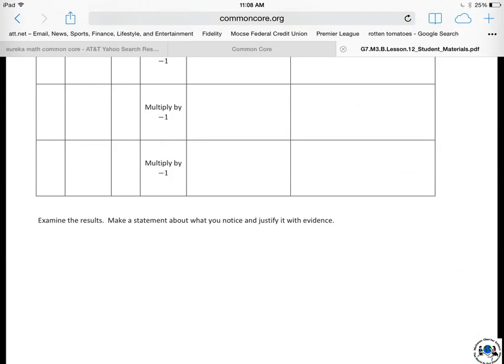Actually, we had a little more. So if you examine the results here, I don't think we did this for the first one either. I'm sorry, but examine the results, make a statement about what you noticed, and justify it with evidence.